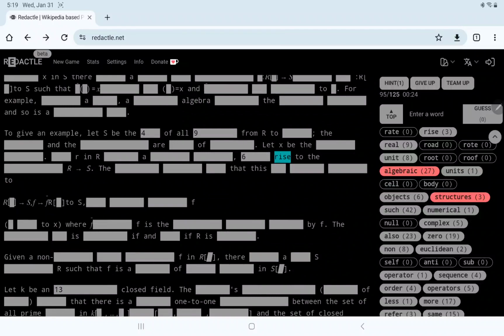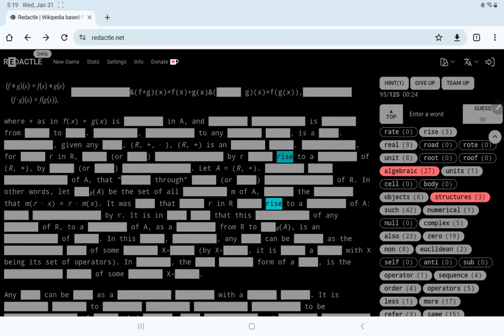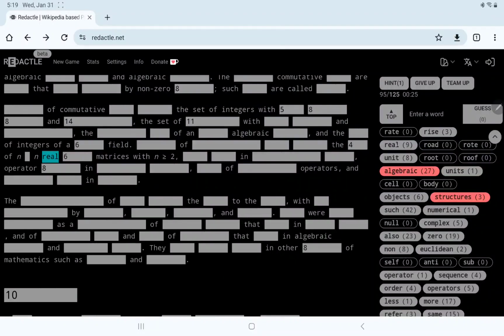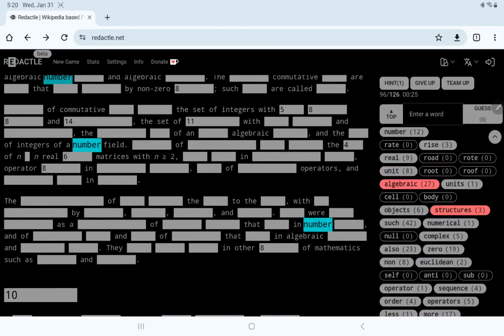I'm surprised some of these are actually hitting. Something rise to the occasion. No. By R, something rise. Real, I'm sure I did number. No, I did.